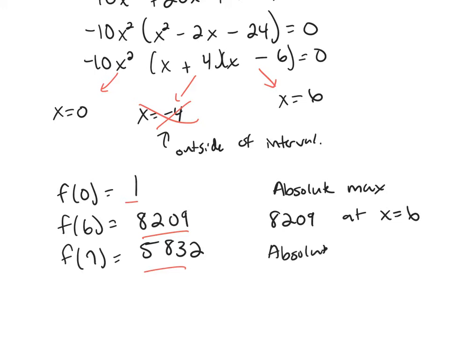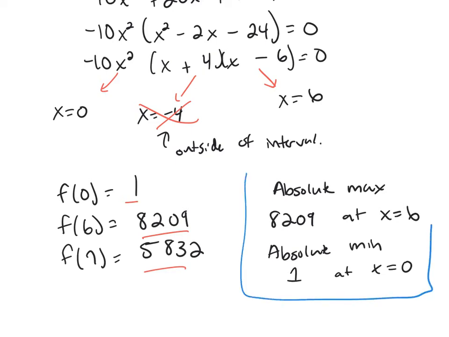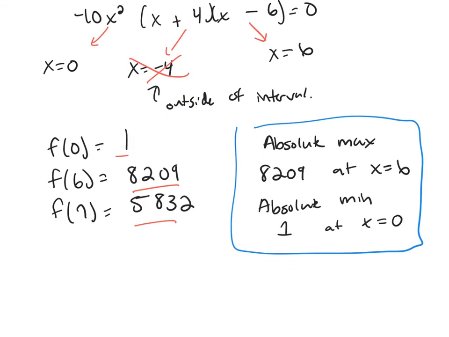And then the absolute minimum, it's 1, and it occurs at x equals 0. So there's my absolute max and minimum values there.